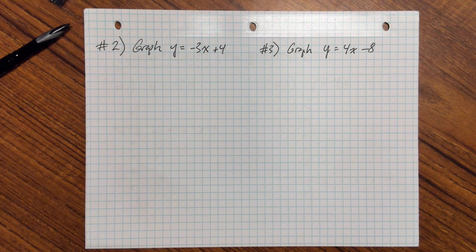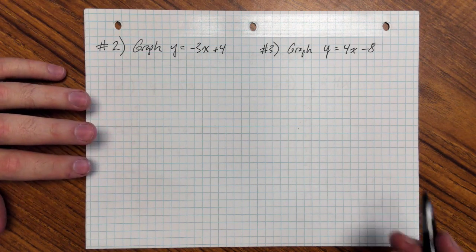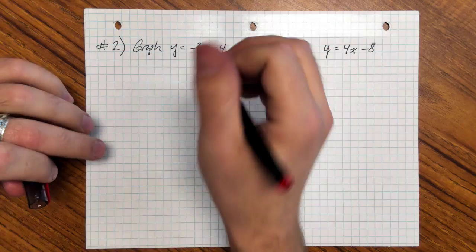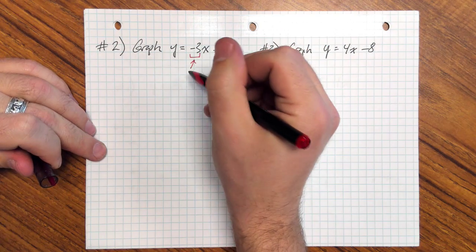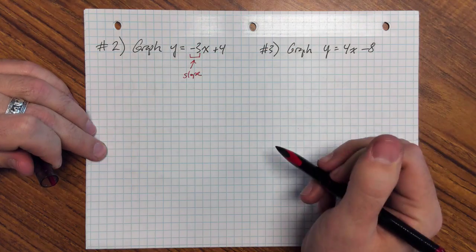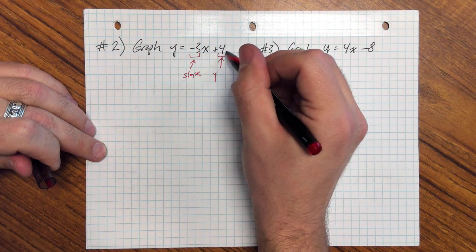Number 2 says graph y equals -3x plus 4. Before I even do anything else, I'm just going to acknowledge that this -3 is in the place of m. So that's my slope. And this positive 4 is my y-intercept.